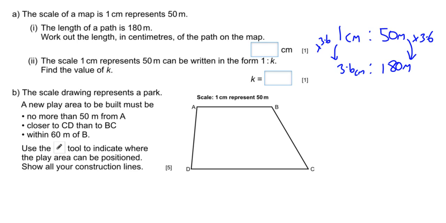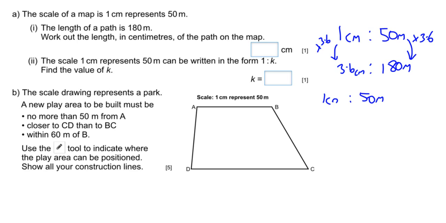Okay, we're told that 1 centimeter represents 50 meters, which is written in that form. So to compare them, I want to convert. I want to say 1 centimeter to 50 meters. Well, how am I going to write that? How many centimeters are there in 1 meter? Well, I know that 1 meter is 100 centimeters.